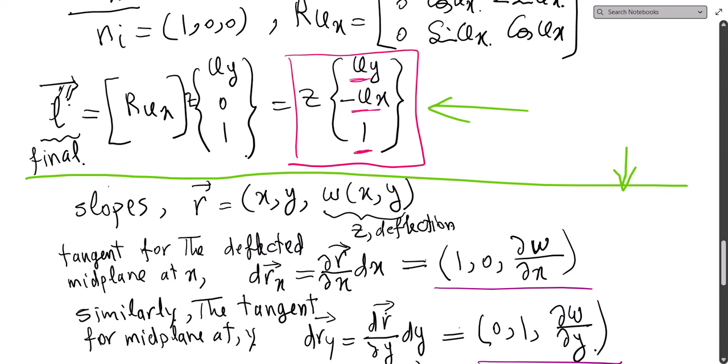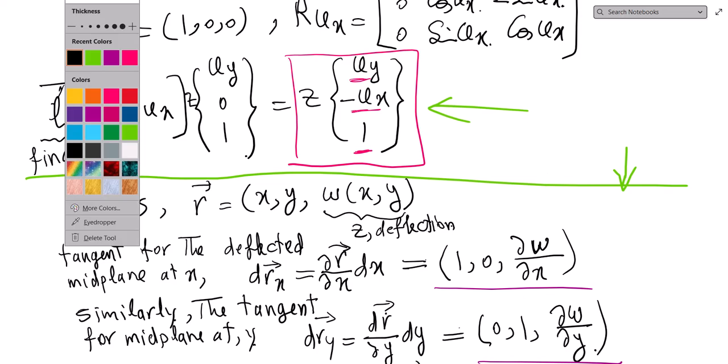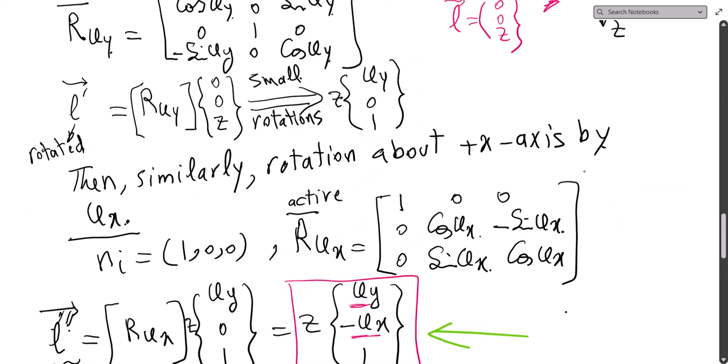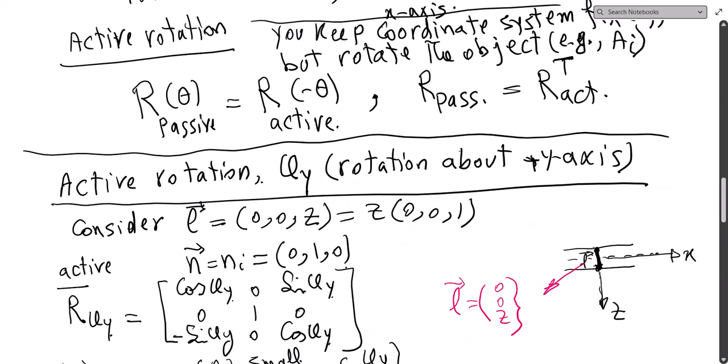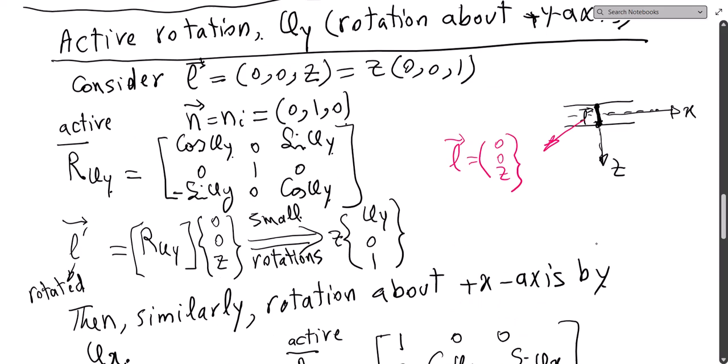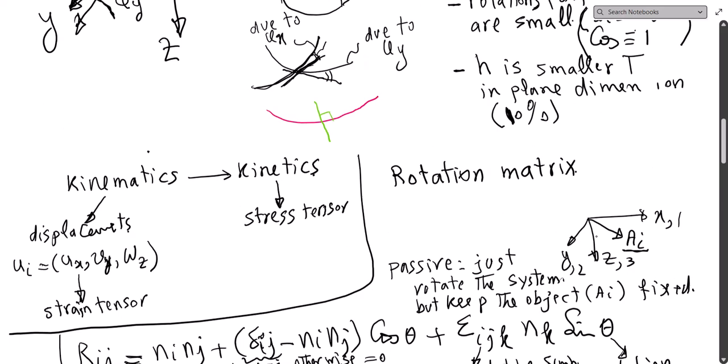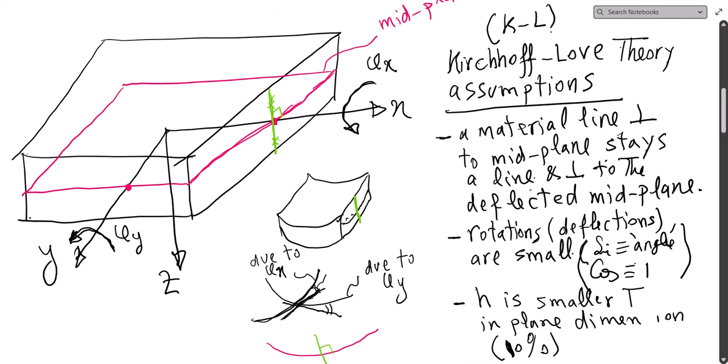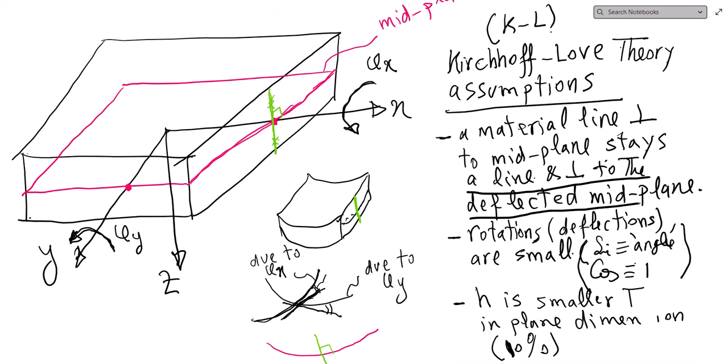Maybe I change my pen color to black. This is pure geometry, this relationship that we have for the rotated material plane initially perpendicular to the midplane. But now we have to satisfy this part, the perpendicularity to the deflected midplane.